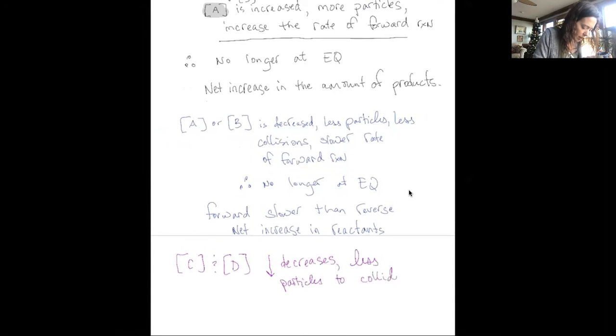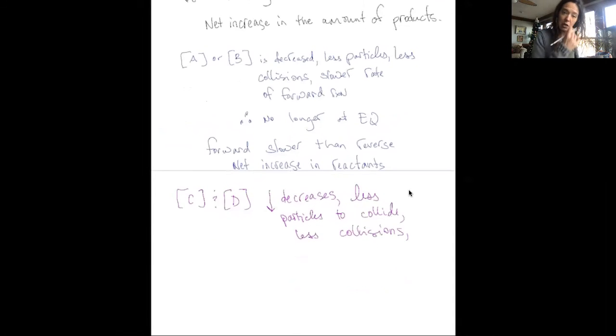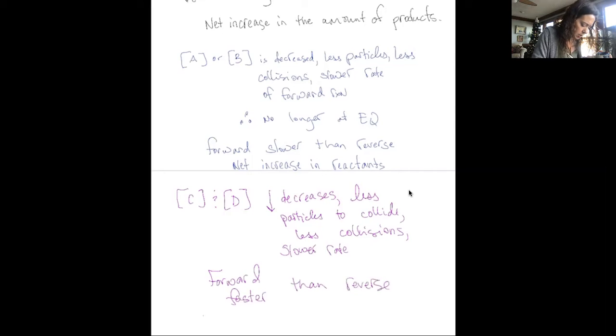Less collisions means a less likelihood of effective collisions, slower rate. And then what we have is the forward is now faster than the reverse. And we see an overall net increase of what? You tell me, net increase in products.